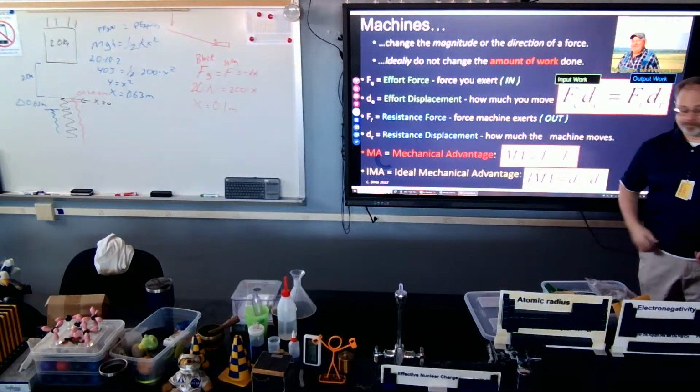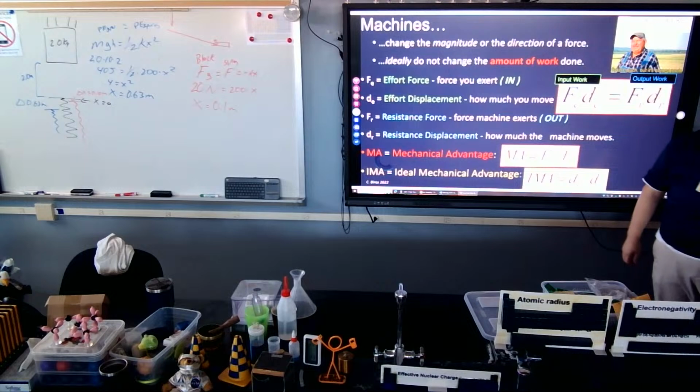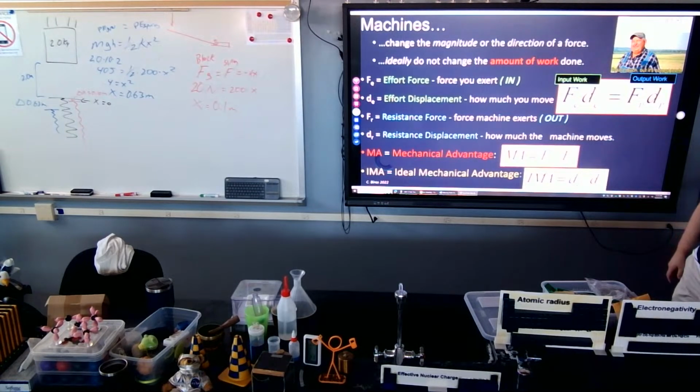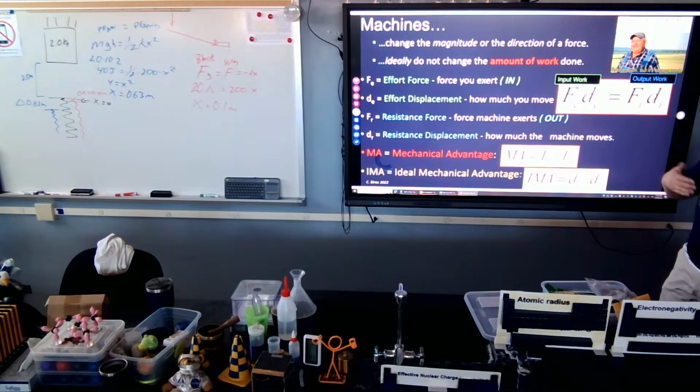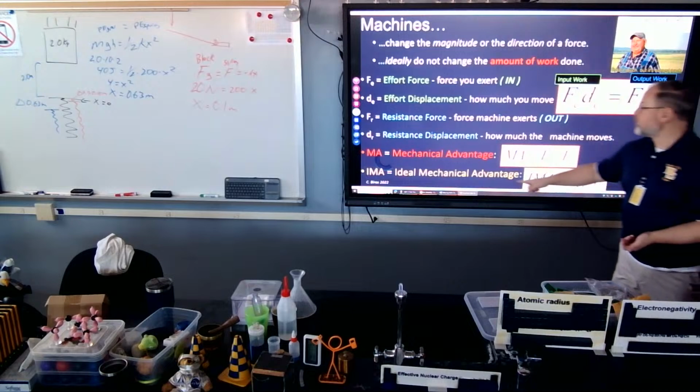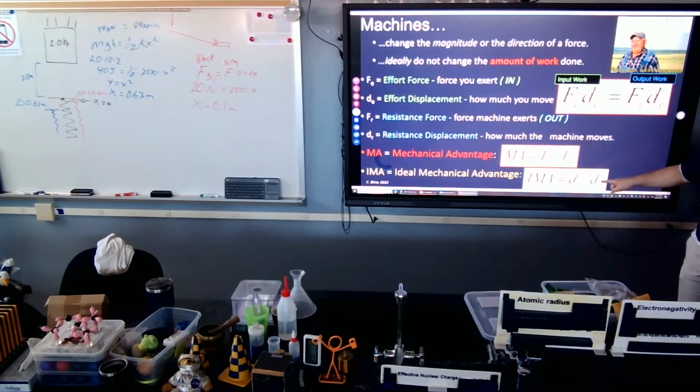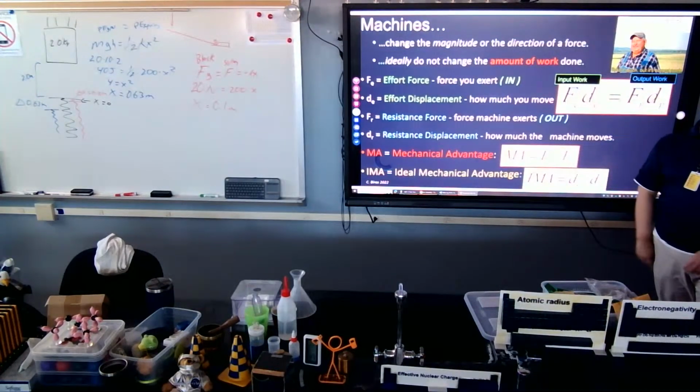What mechanical advantage does not do is take into account friction, because there would be a bunch of frictional terms in here. So you're going to need the ideal mechanical advantage, because distance is just distance. If you have friction involved, then your ideal mechanical advantage is what you use that says this is the max.